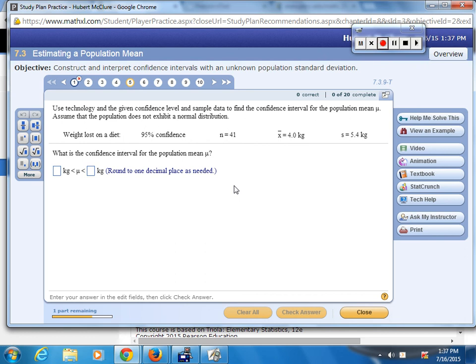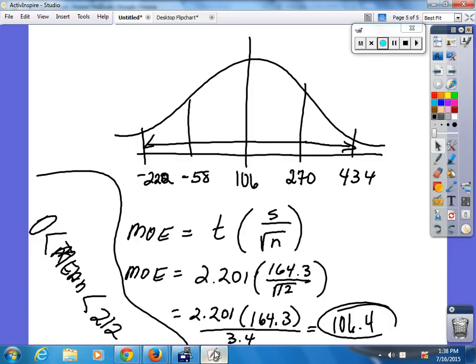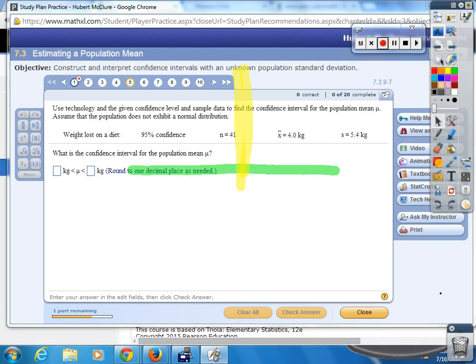What's good about this problem? One, you don't have to punch in any numbers, and two, you don't have to find the mean. So what's the only thing you have to find here? The margin of error.